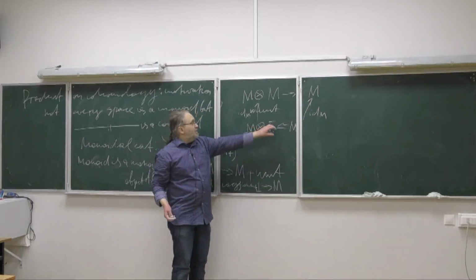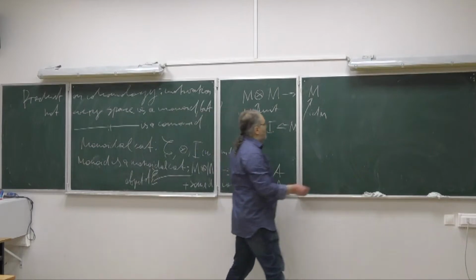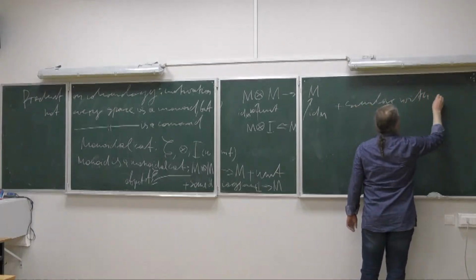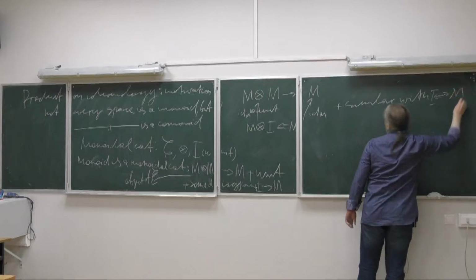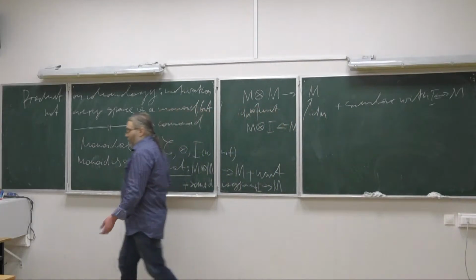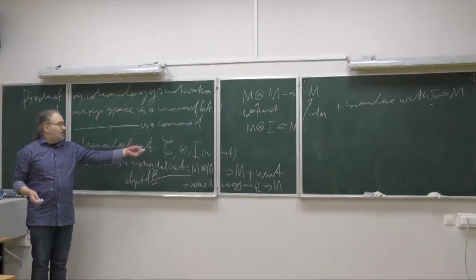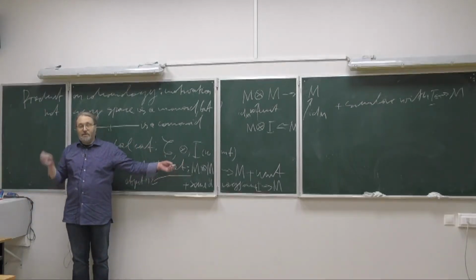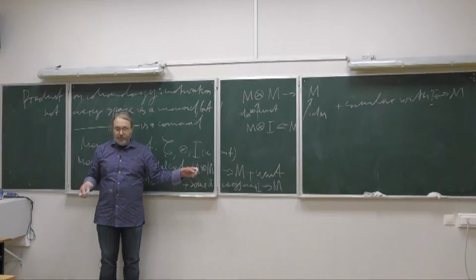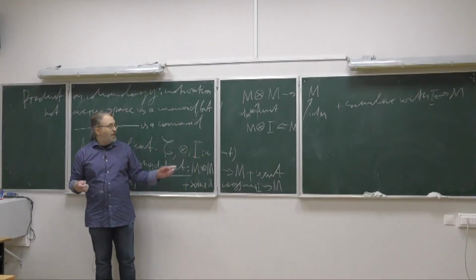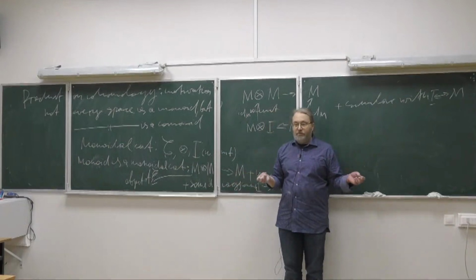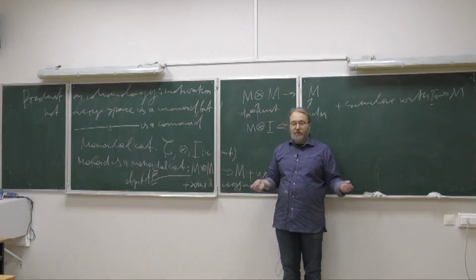Okay, and there is a similar diagram when I transpose I and M. Now this basically says that we have a product on M, and we have a unit for this product.